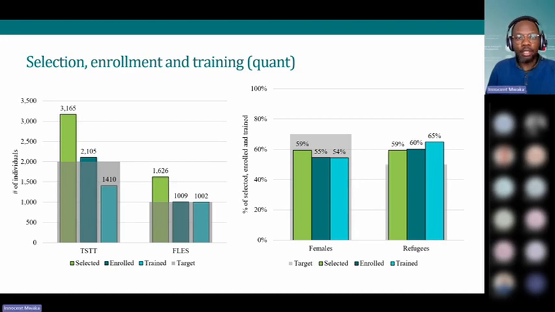And for the FLES, over 1,600 were selected, about 1,000 enrolled, and also a little bit over 1,000 did the training.